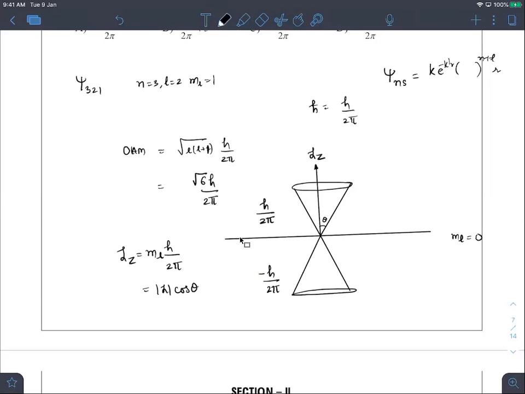R raised to power l won't be there. This will be 0. And all this sine theta, cos theta won't depend upon theta and phi, because at every theta and phi, you will see orbital will exist. That means probability will exist. Angular nodes are 0. So that is correct, beta. It is independent of theta and phi.